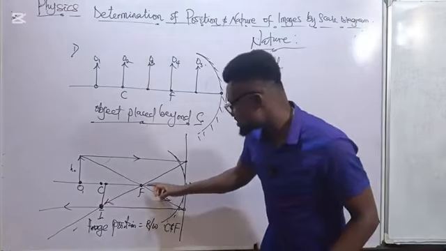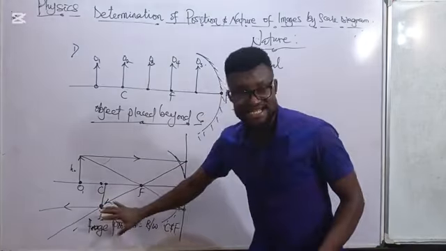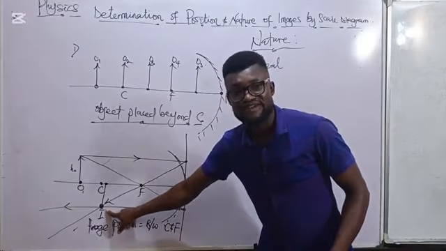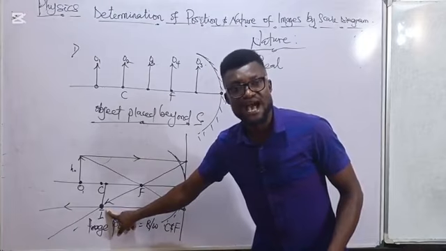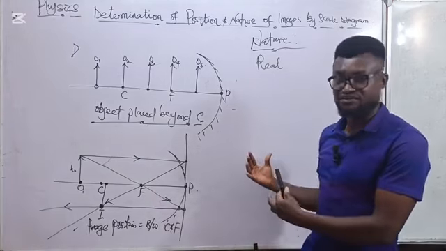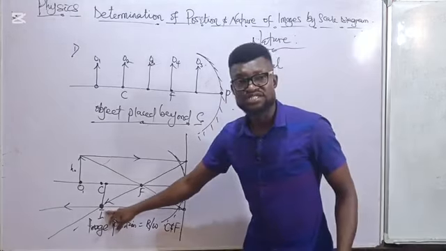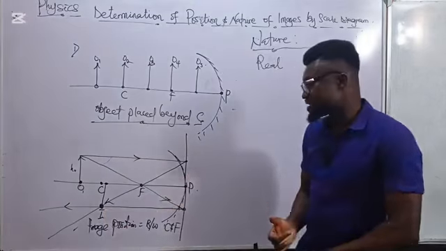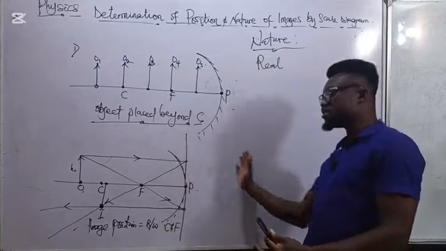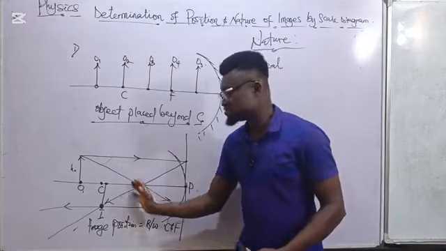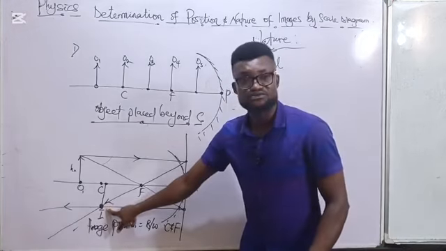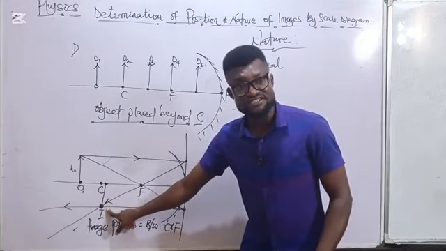Once the reflected rays intersect on reflection, we term it a real intersection, and not an apparent intersection. Apparent intersection is the one we trace at the back of the mirror. Now remember, an image could be formed before the mirror or beyond the mirror. Any image that forms before the mirror is a real image. So this one forms before the mirror, hence it is a real image.